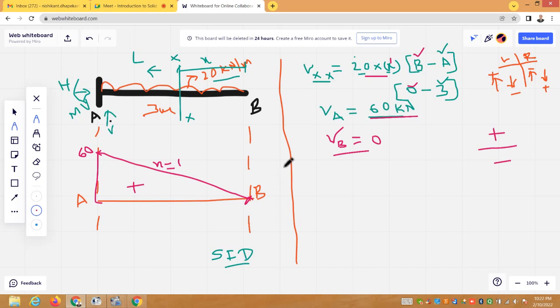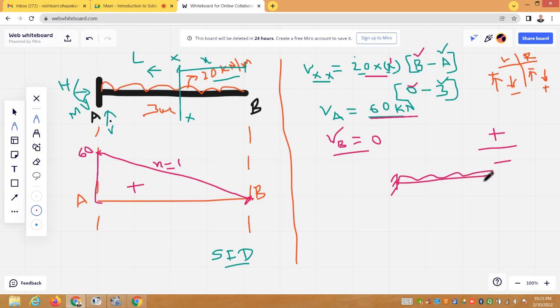So I think, students, it is clear to all of you how to plot the shear force diagram for cantilever beams. You can try a few more examples for practice. This is the cantilever beam.